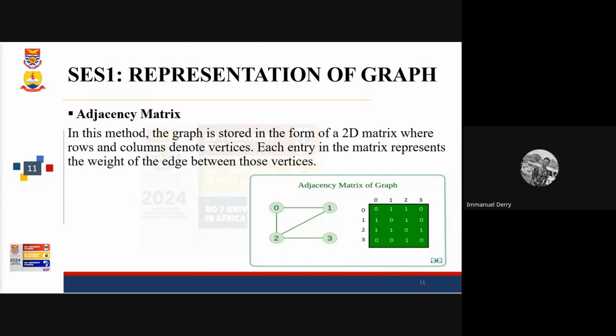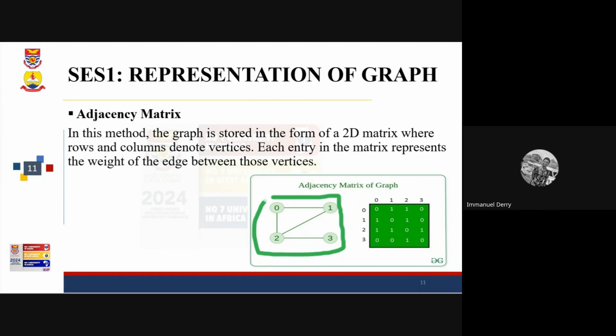So let's look at this example here, for instance. So who can tell us which type of graph this is? The one I've just circled. I think it's complete. I didn't hear you, John Adu.